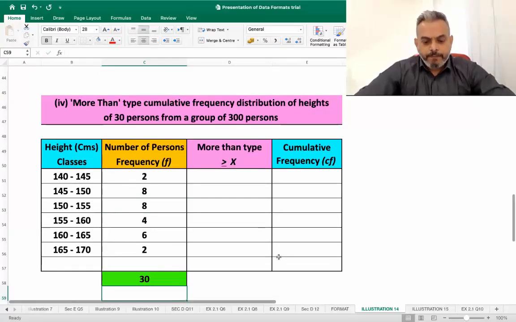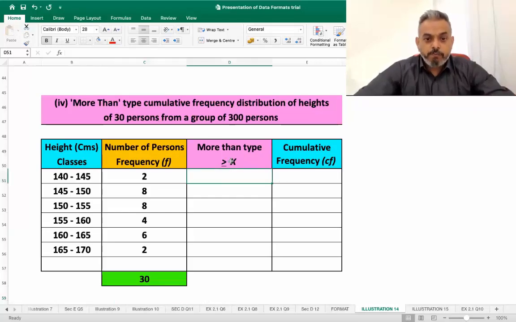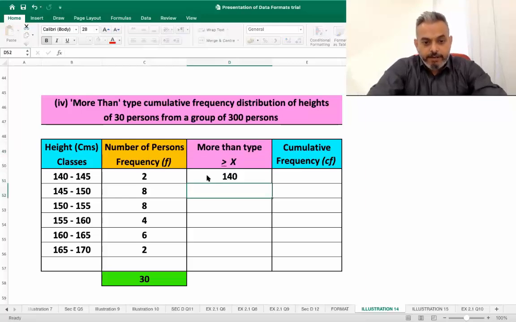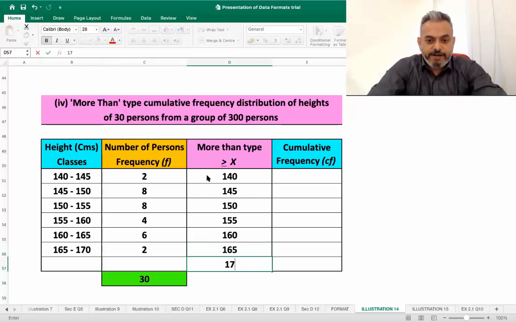Now over here again more than type. So more than or equal to, again we start with the lower limit. So 140, then 145, then 150, then 155, then 160, then 165, and then 170.